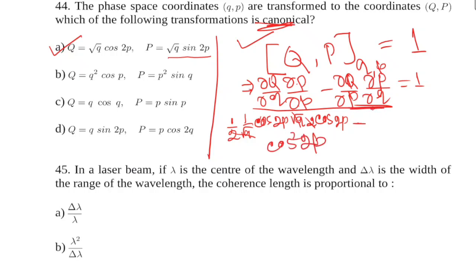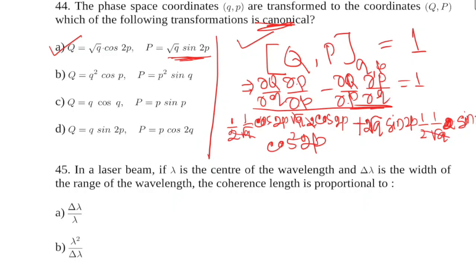Now from these two terms, ∂Q/∂p is square root of q cos p, which will be minus sin 2p, so it will be plus sin 2p, and here will be 1 by 2 from the derivative. Now ∂P/∂q: again it is half, 1 by square root of q, this will be sin 2p.